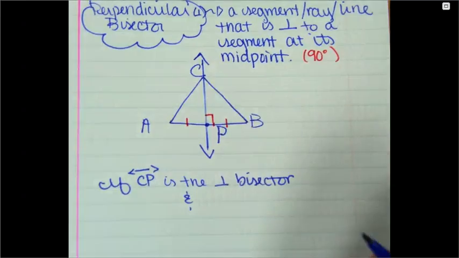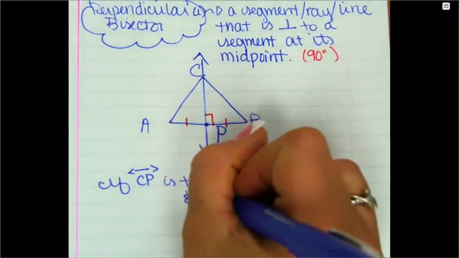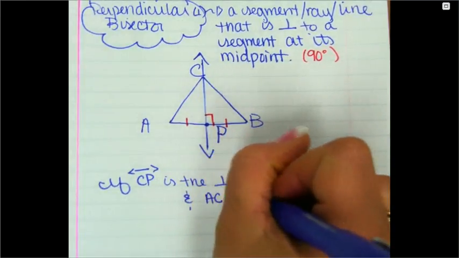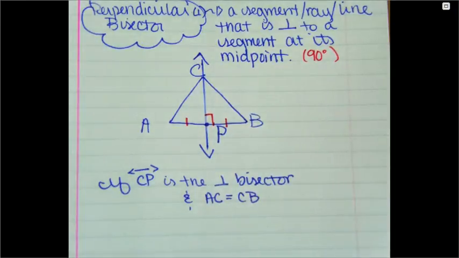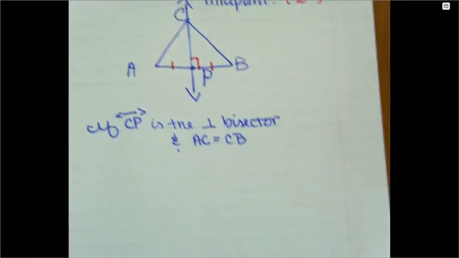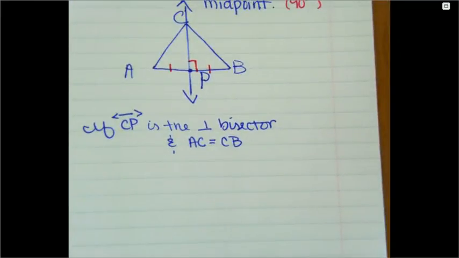And we can say that AC is equal to CB. I already know that AP and PB are congruent because that's the definition of a perpendicular bisector, right?